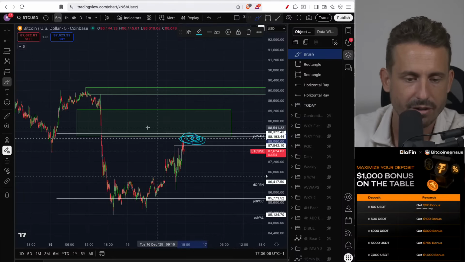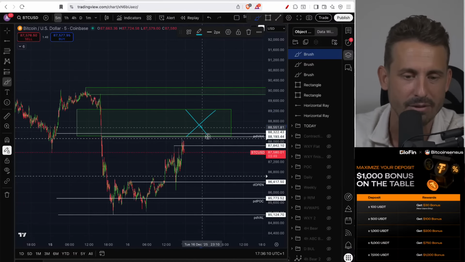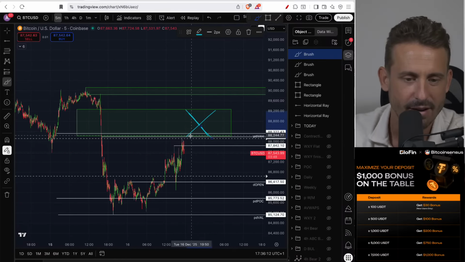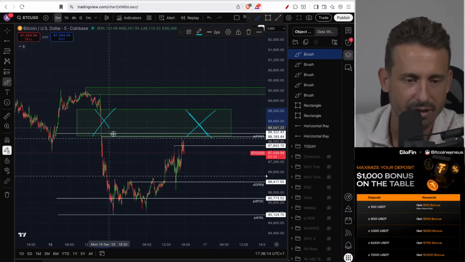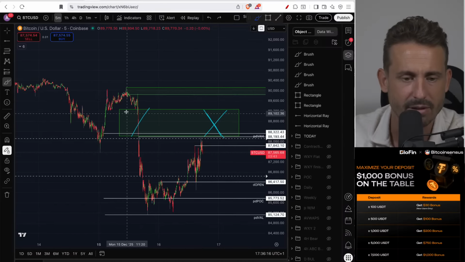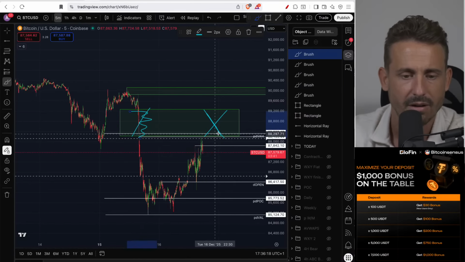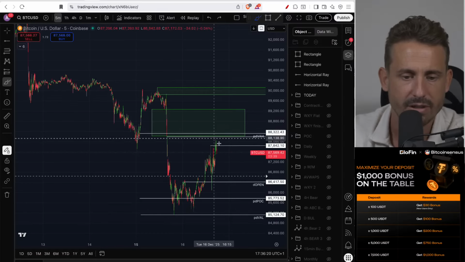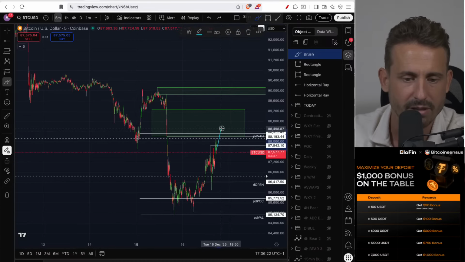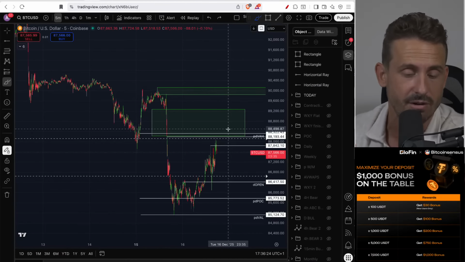This is a no short zone. I want to be out of a trade if the price enters this territory, which is the fair value gap. There's not much resistance. So obviously, SFPs from this zone is the option. It's the strategy that I would have here.